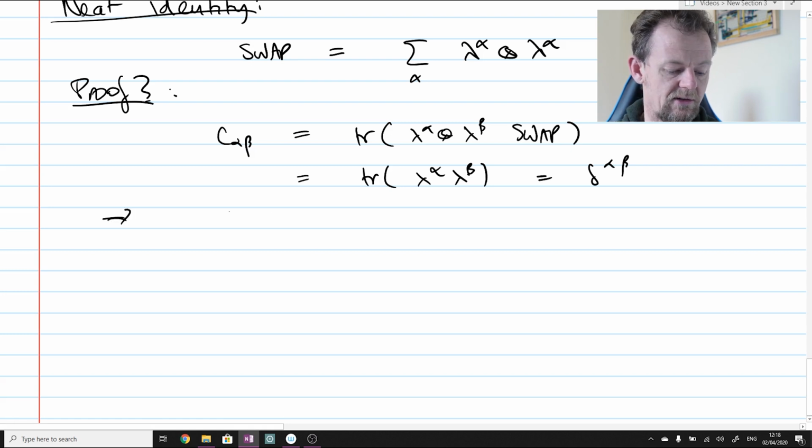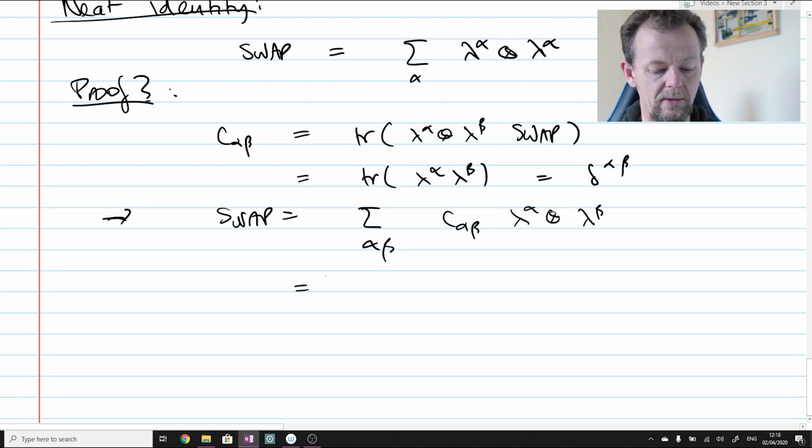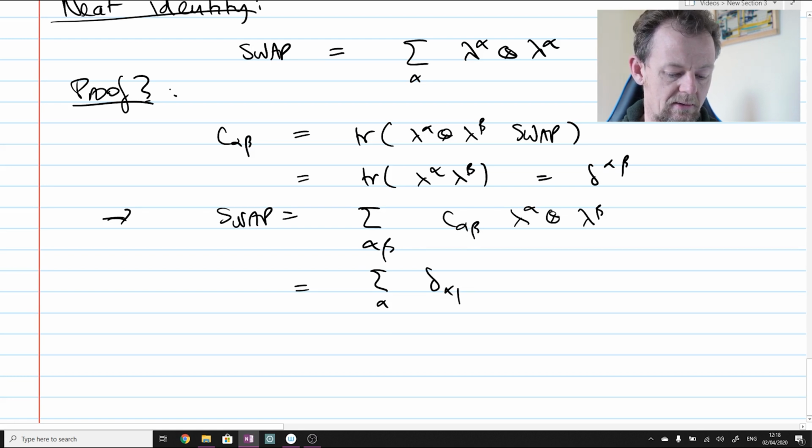And so that tells us that swap, when we express it in terms of this operator basis, has this expression here. But we already know, of course, that C alpha beta is delta, and so that's how we arrive at our representation for the swap operator.